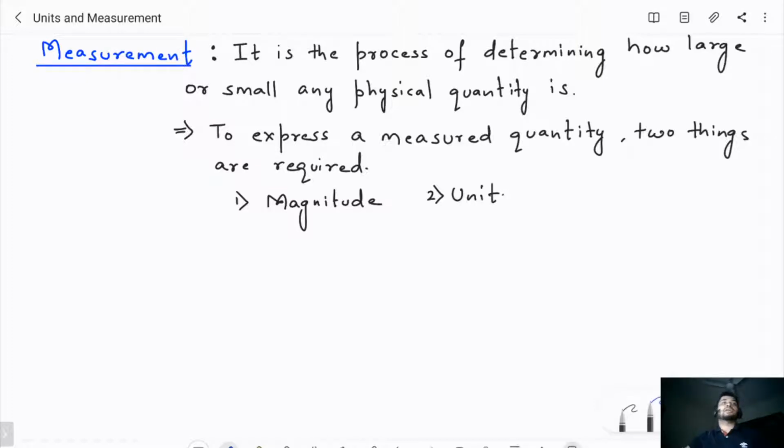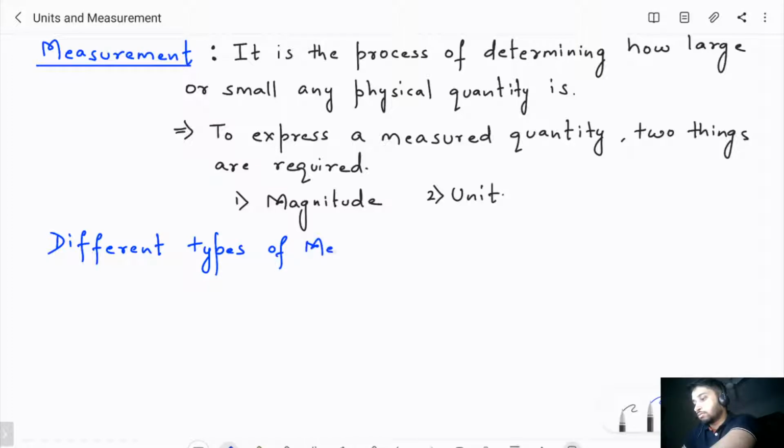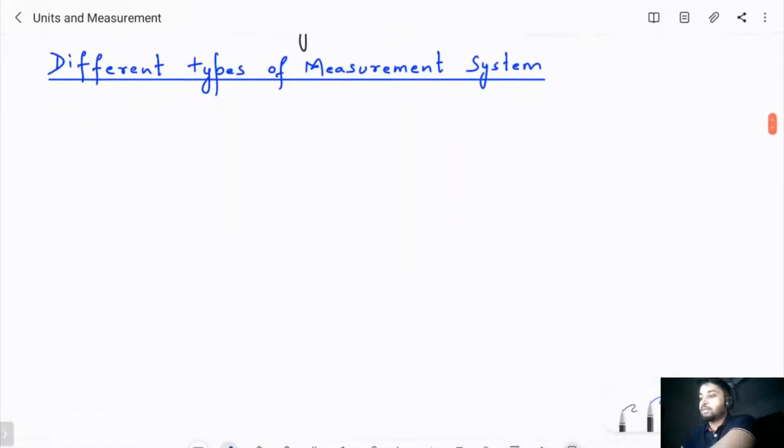Now let us have a look at different types of measurement systems. There are three major types of measurement systems.